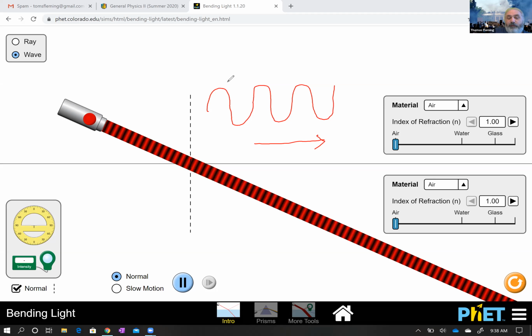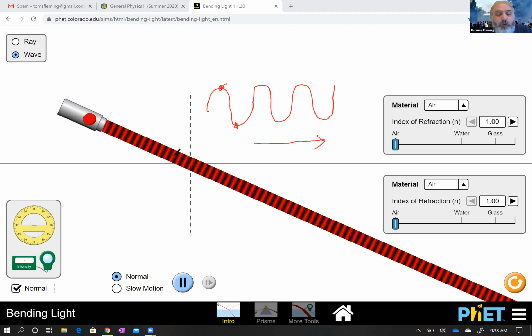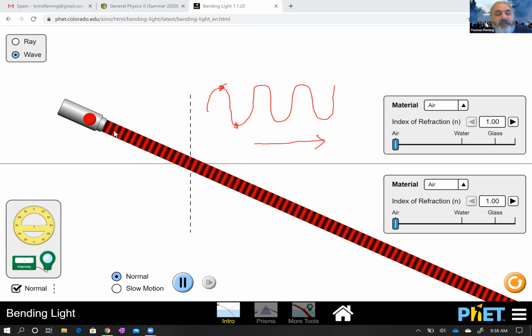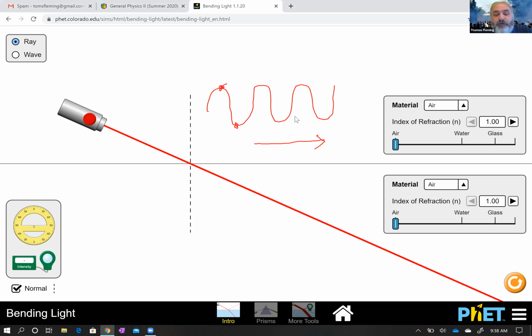Each of these right here would correspond to one of the red streaks in the diagram, and each of these right here would correspond to one of the black streaks. So what you're seeing is these peaks and valleys moving away from the laser emitter at the speed of light. So bear in mind that even though we're treating it like a simple little beam, that beam has this wave-like character that we're just not centering on right now.